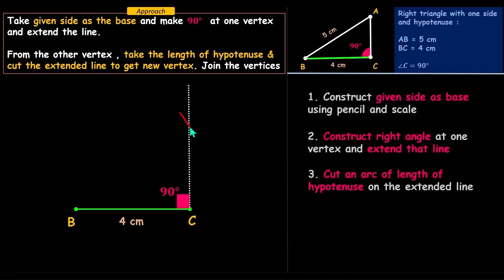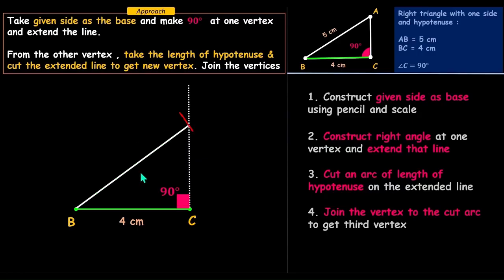And now, since we have this point at which this side is going to be, and this vertex also, if we connect this point to this point, it will give us the hypotenuse. So we'll join the vertex to the cut arc to get the third vertex. So we'll join this vertex to this arc, and there we go.